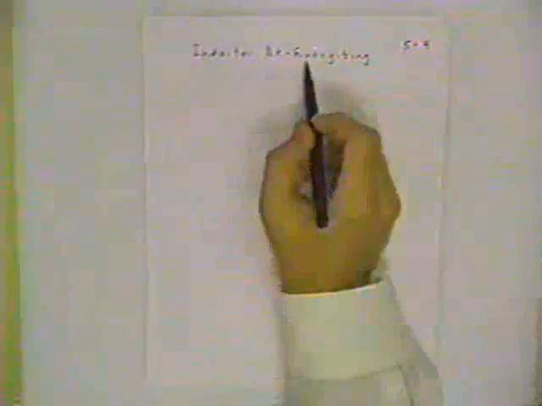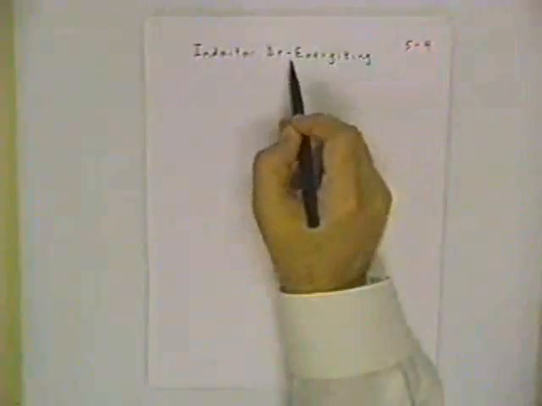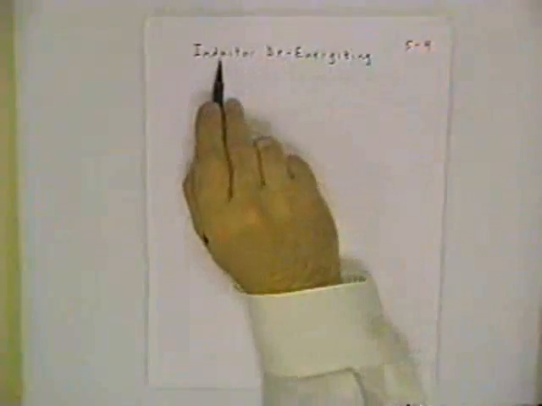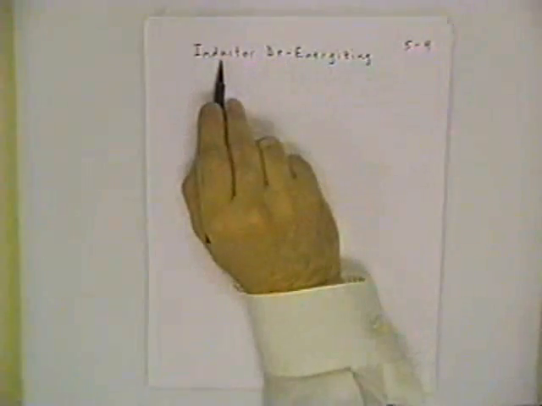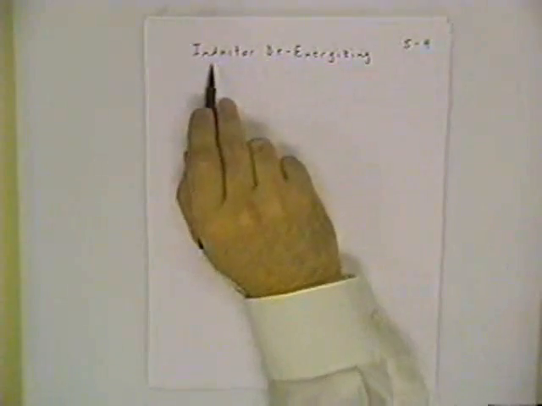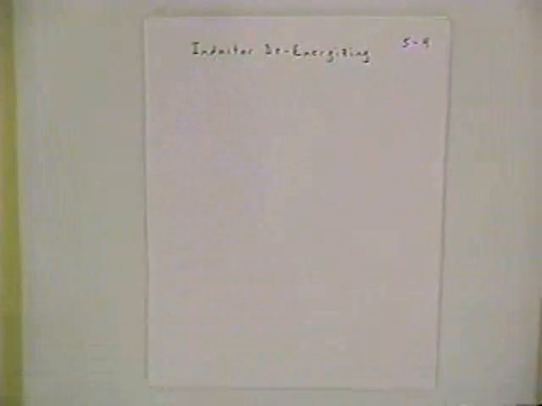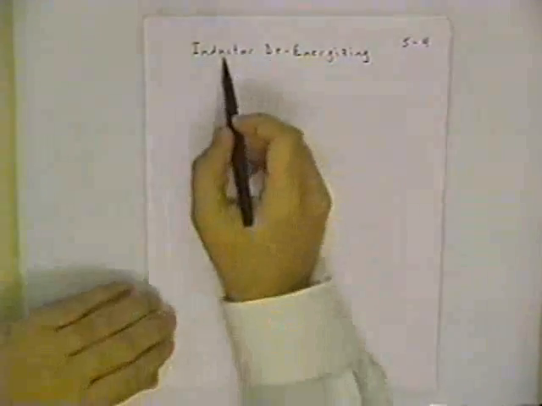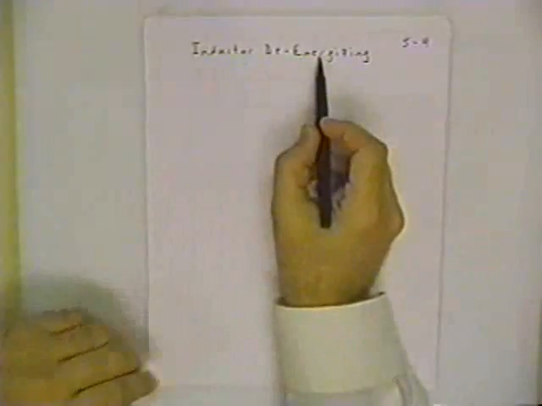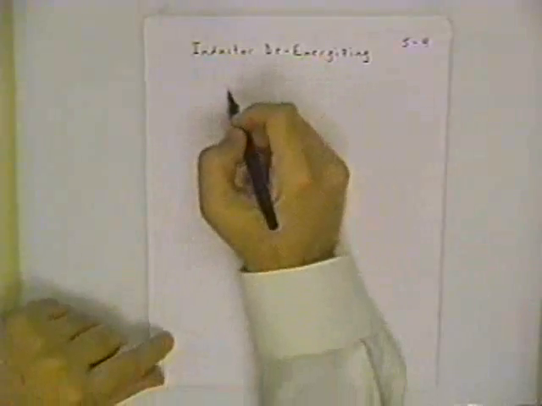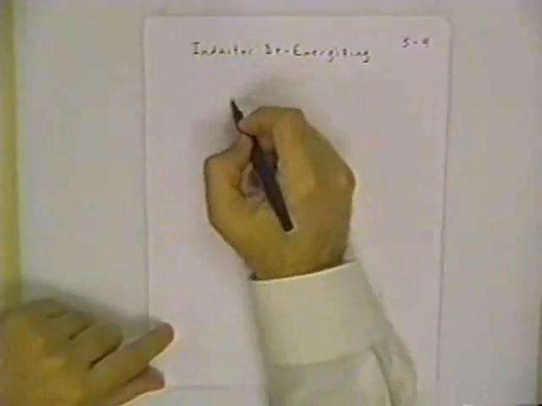One reason that I prefer this term energizing and de-energizing is just to remind you that the inductor doesn't store energy with separated charges, so it would be misleading to call this an inductor charging or discharging problem. Instead, the inductor is storing energy in the form of magnetic fields.